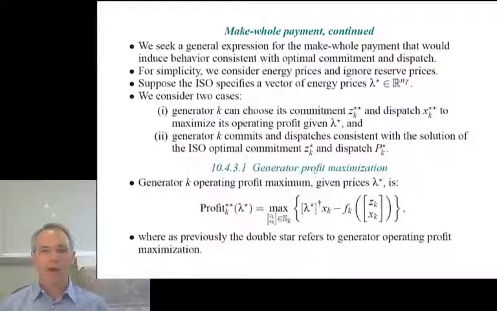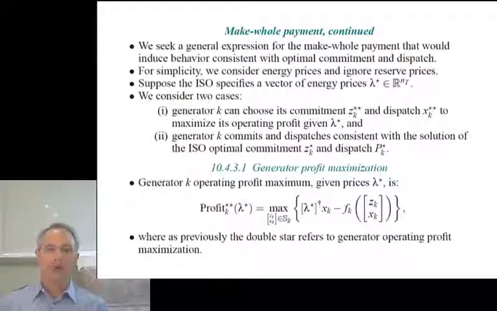Let's see if we can write down a general expression for the make-whole payment. It needs to induce the behavior consistent with optimal unit commitment and dispatch. Let's consider energy prices and ignore reserve prices for now. So suppose the ISO specifies a vector of energy prices lambda star. In general, there'd be a different price for every hour of the day.